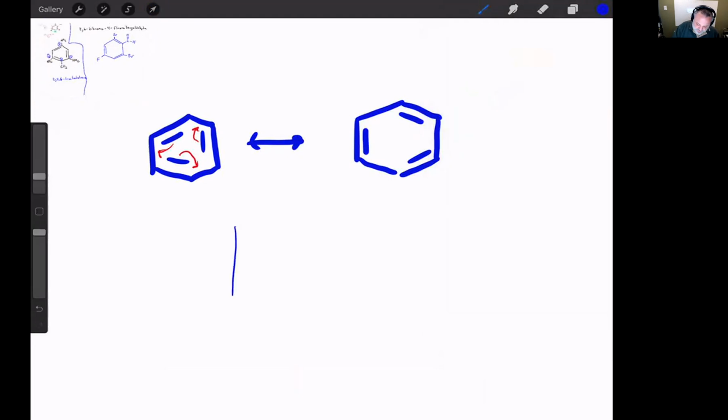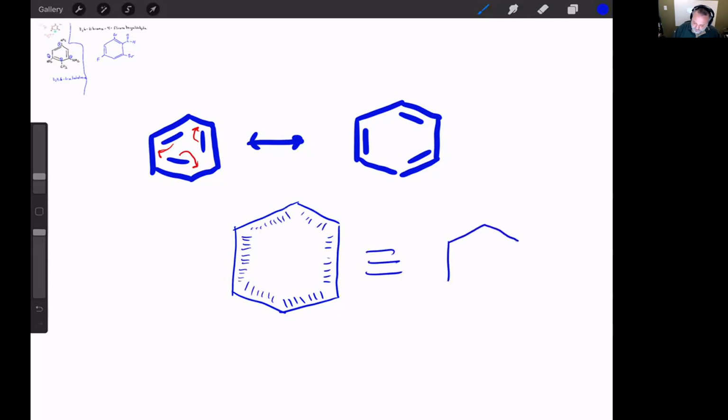And so that means that if we were to draw the resonance hybrid, we would have a partial bond in each location. So what should you expect about the bond lengths of all the carbon-carbon bonds in benzene? Hopefully you're saying that they should be all equivalent. They should be all the same. And in fact, they are.